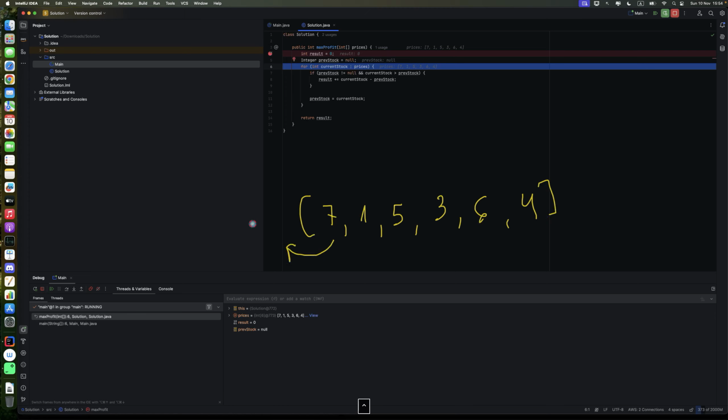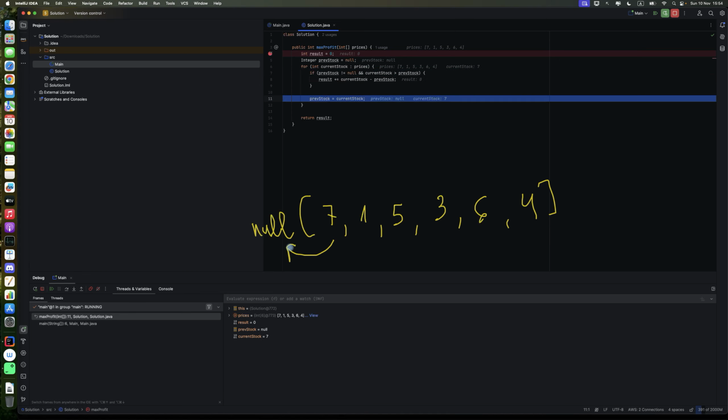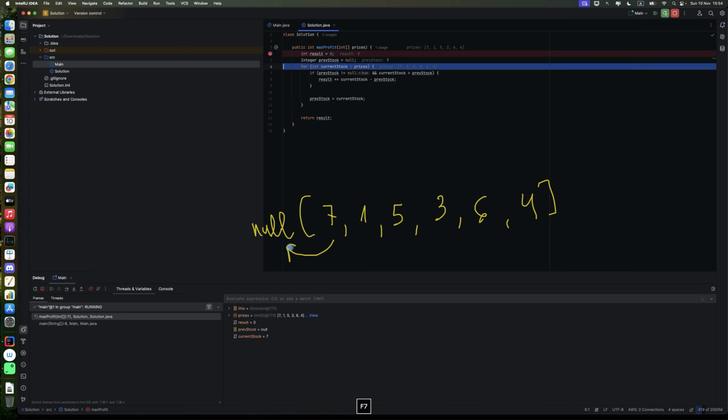We are in this case right now, and we will fail at the first check for the previous stock doesn't equal null, right? You can see the current stock is 7, but we don't have previous, so we don't enter the if block. And the previous stock refers to the current stock right now.